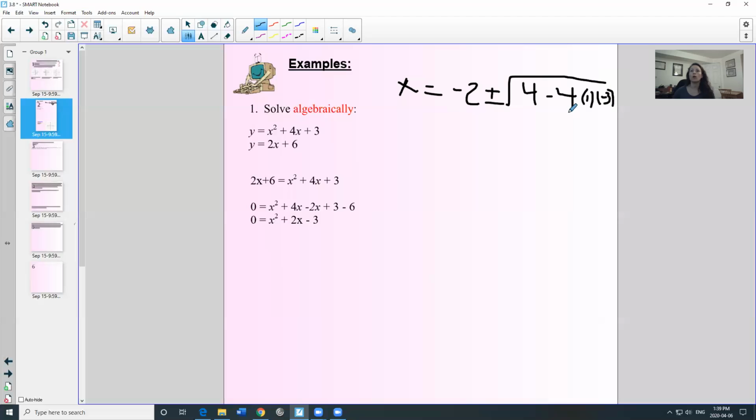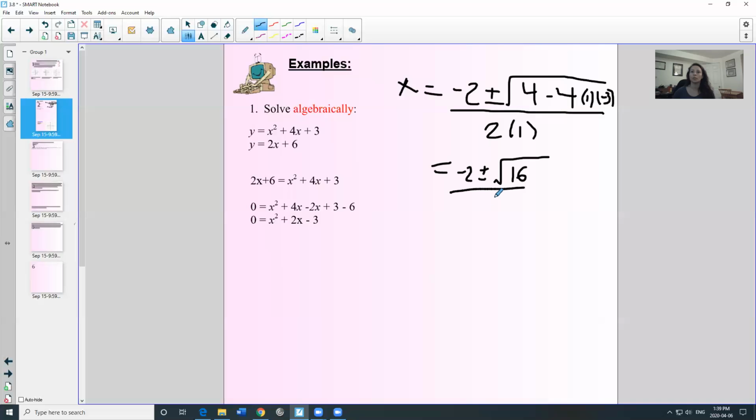All over 2a, and our a value is 1. Okay, so negative 2 plus or minus the square root of 4 minus 4 times 1 times negative 3. This becomes negative 12. 4 minus negative 12, that's the same as adding 12. This should give us 4 plus 12, which is 16.